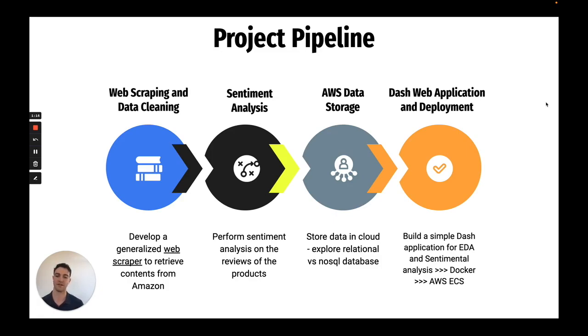That way, the user doesn't have to read through the 1,000 different reviews for a product, but there'll just be a summary given for all of them. The next step was to store all of our information in the cloud using AWS, and then finally to deploy our analysis onto a Dash application so that there's some interactability for users and they can actually see all the information that we pulled.